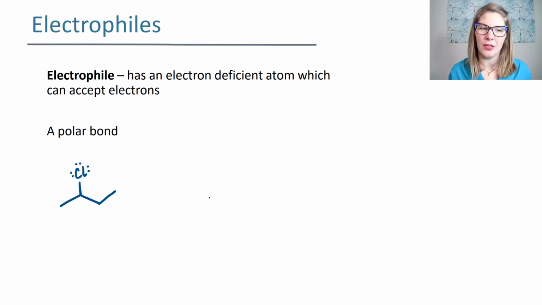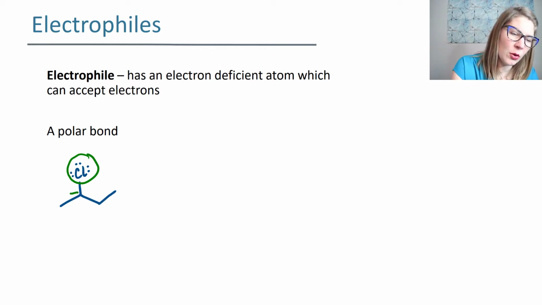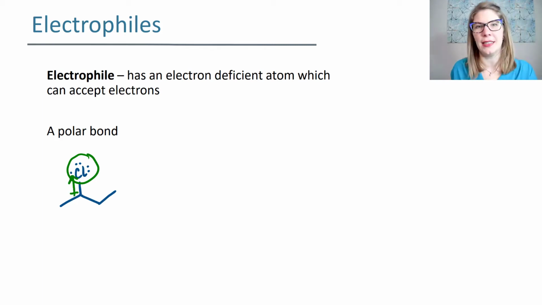Another type of electrophile is when you have a polar bond in a molecule. If you have a polar bond in a molecule, for example, here you have a chlorine, and chlorine is one of the more electronegative elements, and it's going to pull electron density away from the carbon, and I'm going to highlight the carbon that it's pulling electron density away from.